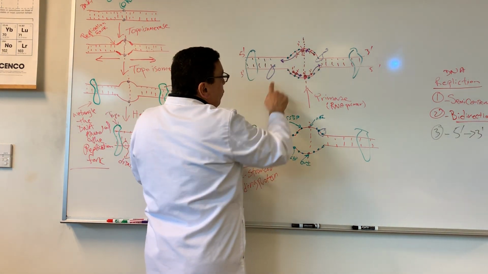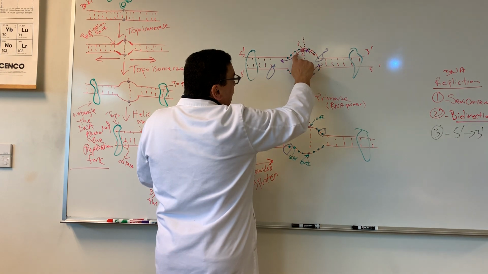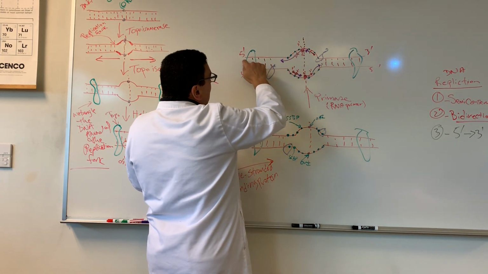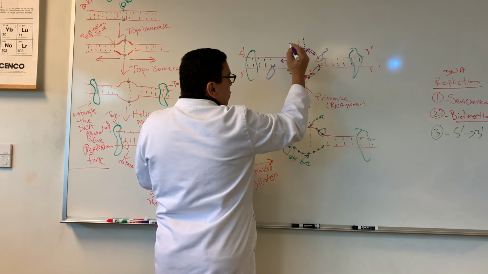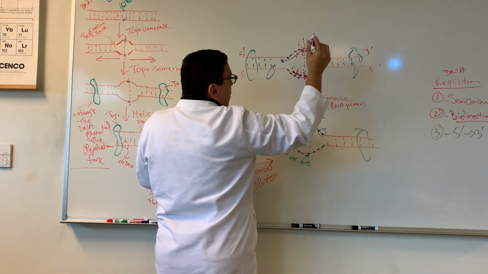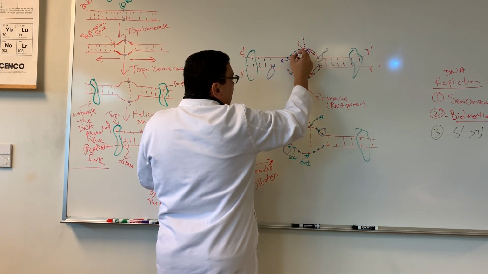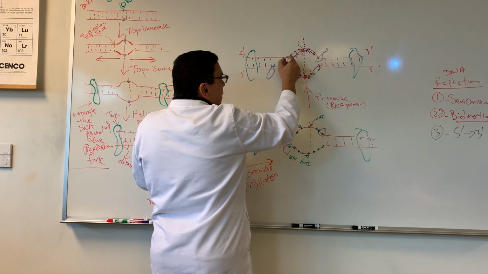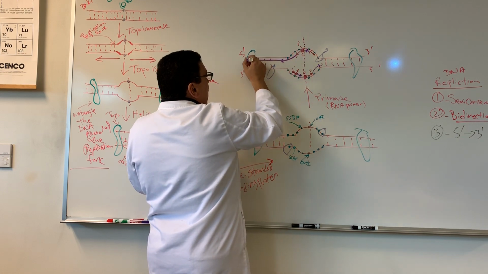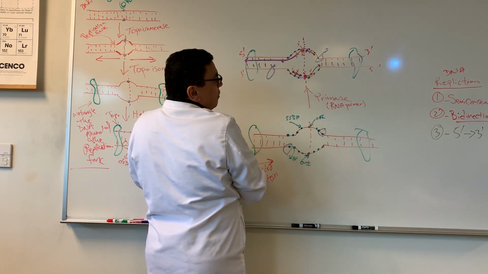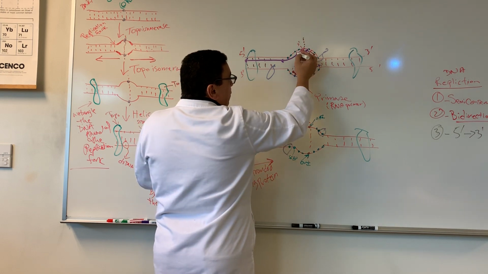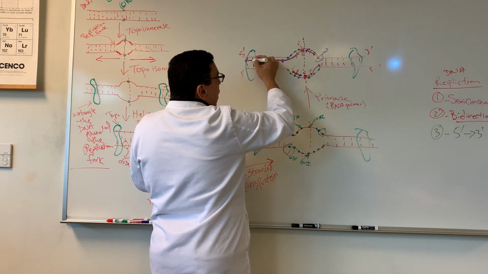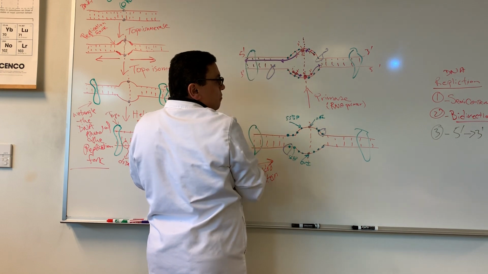Because all I have to do is start making the DNA and just keep going until I finish. So watch this. I'm going to do a fast forward of the event here. If I bind here and I start making the DNA, I don't stop until I reach the end. So I use the tail end of this primer to build DNA all the way until I finish it.